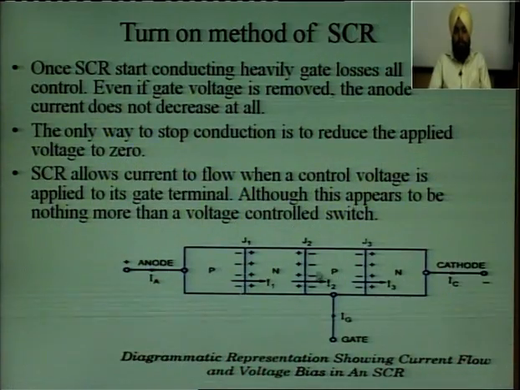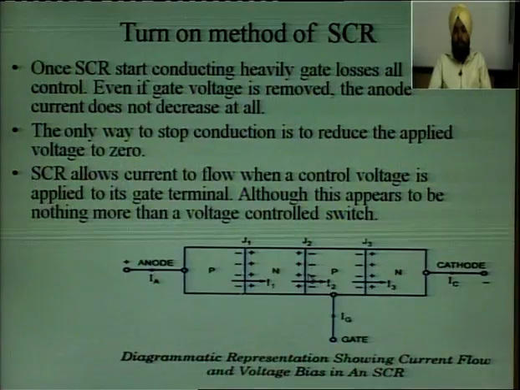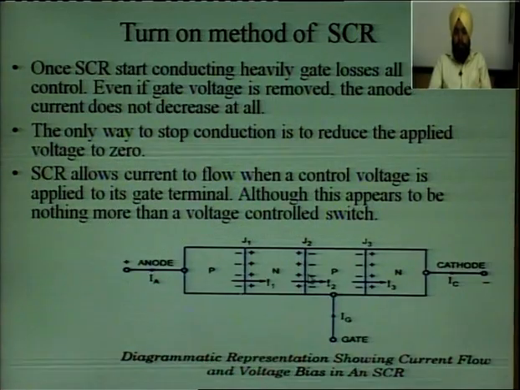When this reverse biasing of junction J2 is reduced, then the forward breakover voltage point, the point at which forward breakover occurs, will also be reduced.